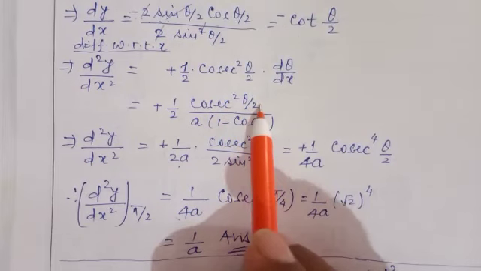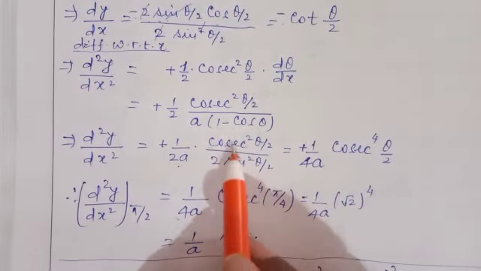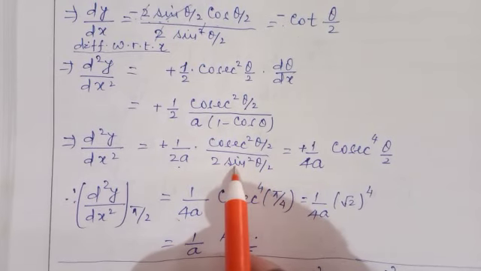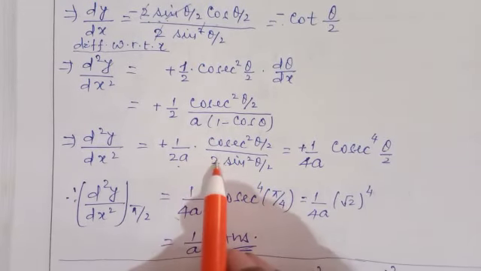Cosec square theta by 2, and you have just obtained 1 minus cos theta is 2 sin square theta by 2. Again this 2 and 2 should multiply to 1 upon 4a, and sin square theta by 2 in the numerator becomes cosec square. Already cosec square is here. So they all together become cosec to the power 4 theta by 2. That is in simplest form.